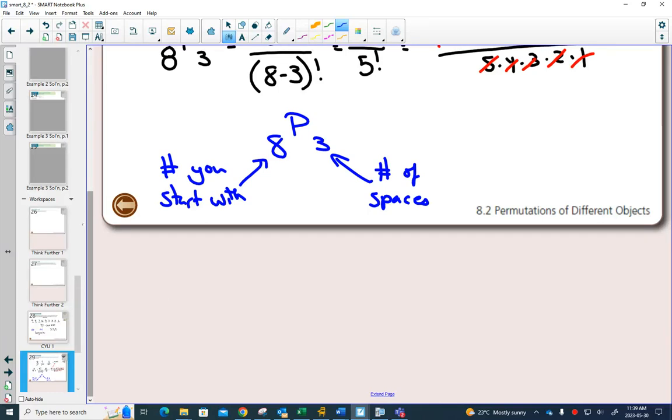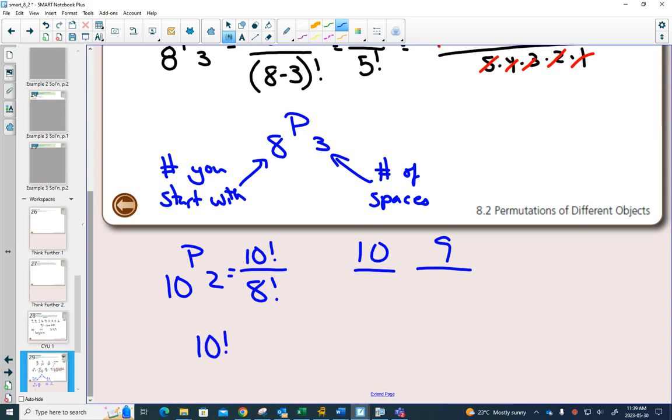And so if you had another question like 10P2, right, you could think of it as 2 spaces. 10 times 9, you get 90 that way. If you use the formula, it's 10 factorial over 8 factorial. And if you're simplifying with factorials, yes, 10 factorial means 10 times 9 all the way down to 1.